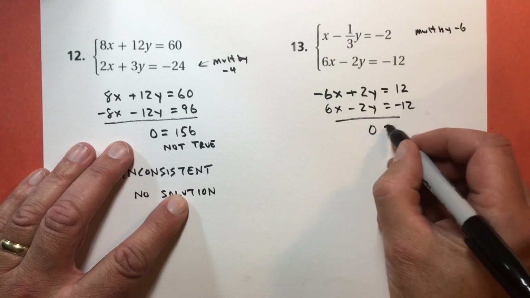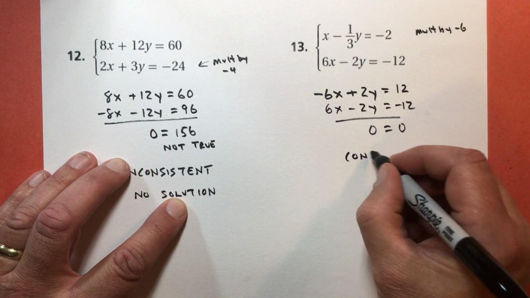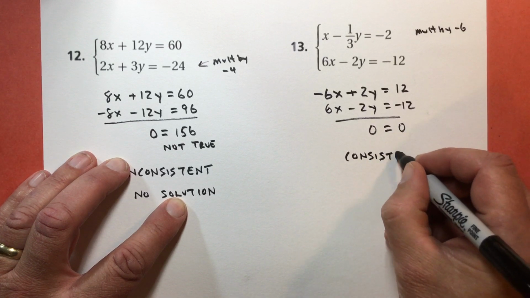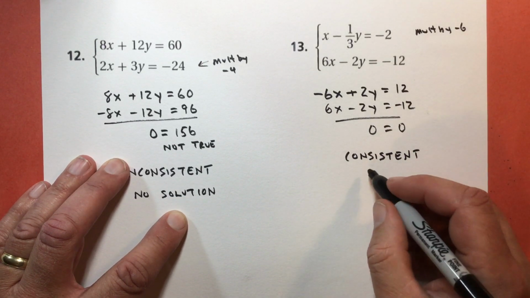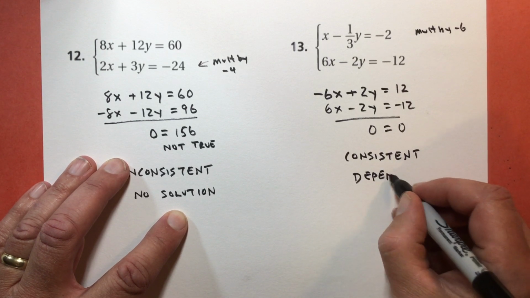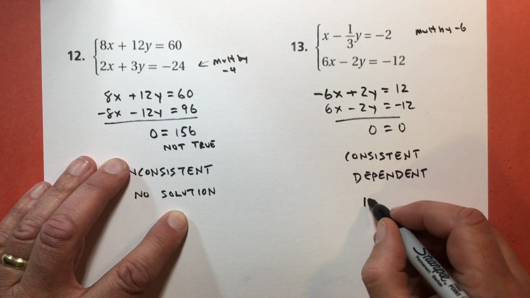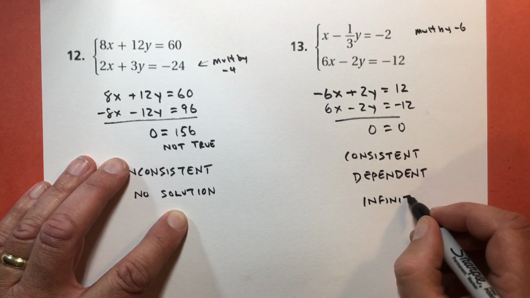And I get 0 equals 0. So this is consistent and dependent. And I have an infinite number of solutions.